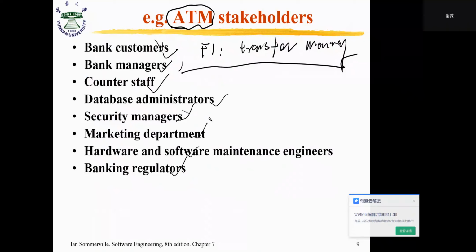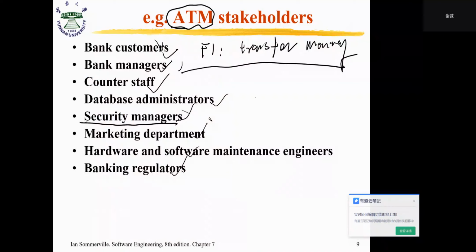But the security manager of the bank may have a different answer. They will want the transfer to be always safe and secure. So they will ask the development team to add many extra checkpoints, like not only login is enough.